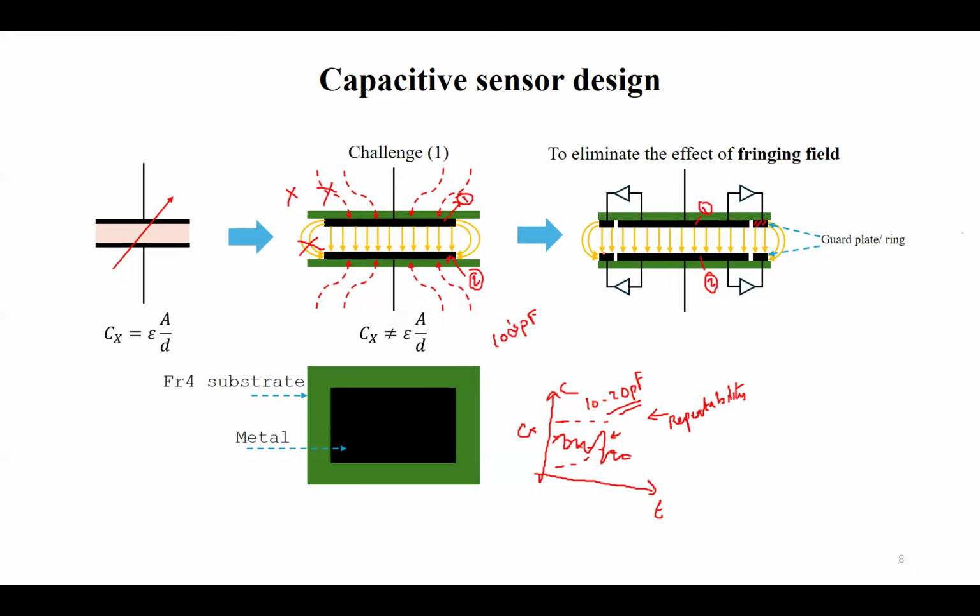You can see plate 1 here and plate 2 here, and another plate here near plate 1, and a plate here near plate 2. And what I have done is connect the same potential. So I have added a potential plus and minus. The same potential I will apply to these plates.